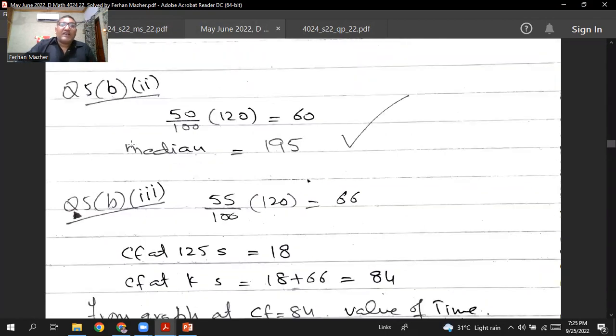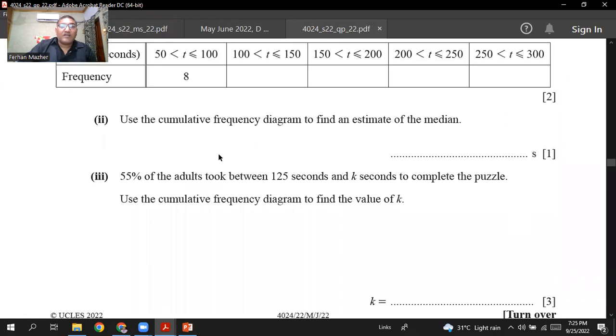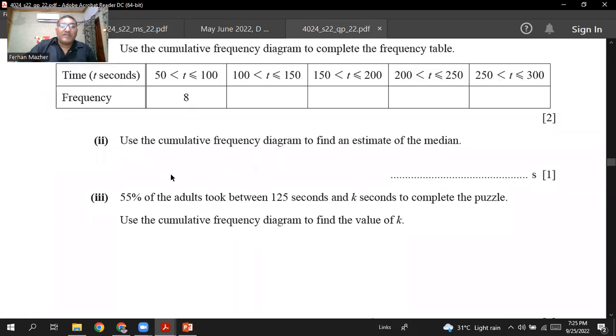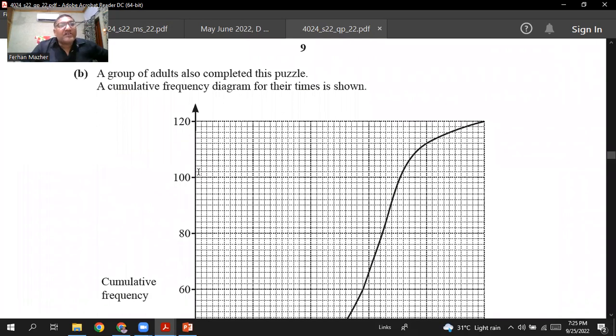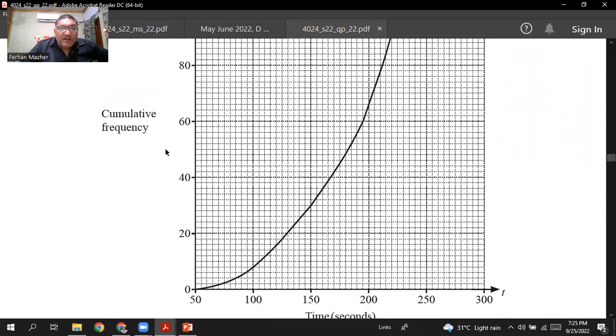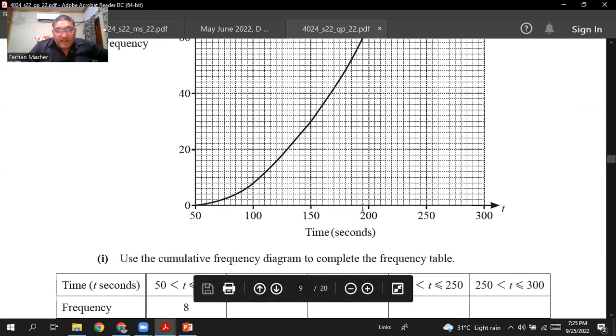Okay. But I think we have missed a point here. Yeah, we missed this part in which he says find the median. So your cumulative goes up to 120. So 50% of 120 is 60. So from your graph, from 60, go to the graph, and when it cuts your cumulative frequency curve, check what is the value there.